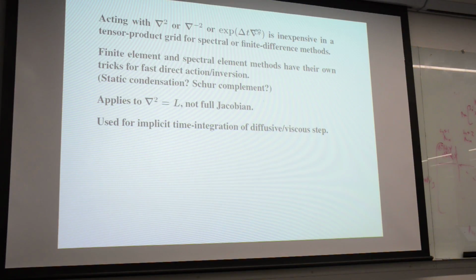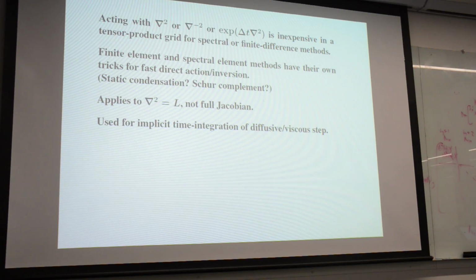So it's inexpensive in a tensor product grid for spectral methods or finite difference methods. In finite difference methods, you have lines like this, and again the same thing in curvilinear coordinates. In spectral methods, you have functions of x times functions of y times functions of z. So that's the main thing I know about.